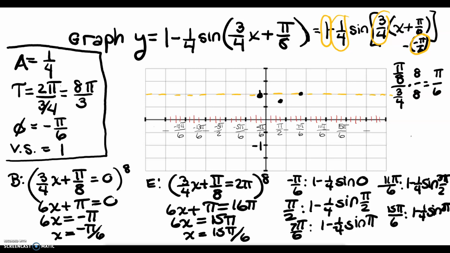At 11 pi over 6, the sine of 3 pi over 2 is negative 1, so I'll get 5/4. And then at 15 pi over 6, I will have the sine of 2 pi, which is 0, so I'm back at 1 again. And so when I graph it, it looks like this. So I'll just duplicate those points, and I'll graph it again. And that is my graph.